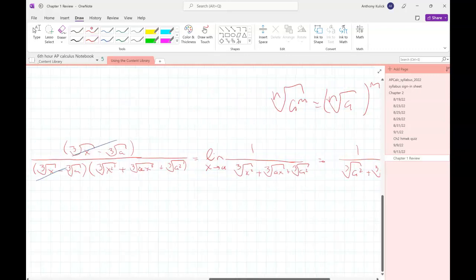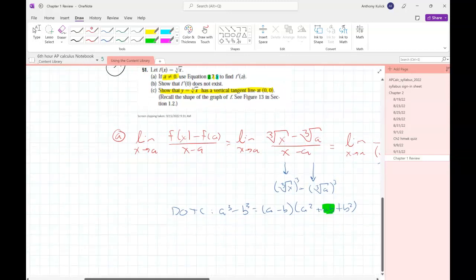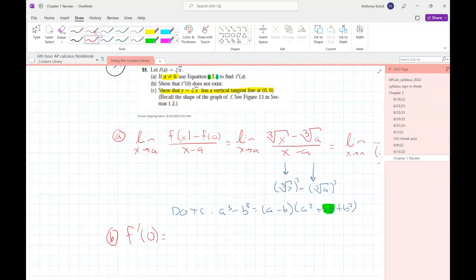All right. Part B then says, show that f prime of 0 does not exist. Okay. Well, let a equal 0. So I'd have f prime of 0 equals 1 over 3 times the cube root of 0, which is equal to undefined.